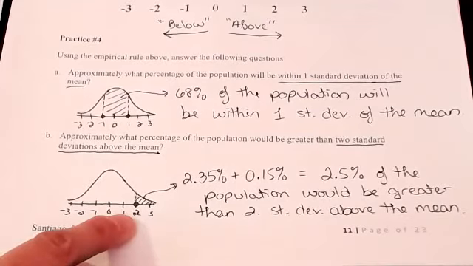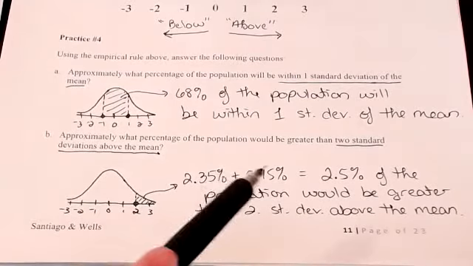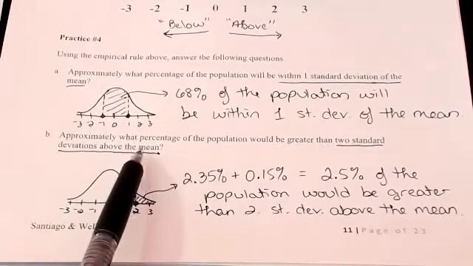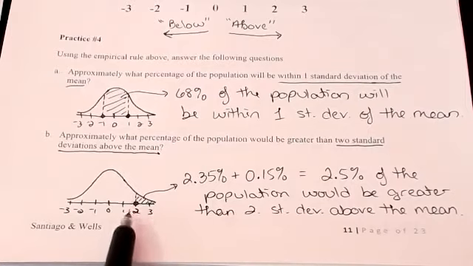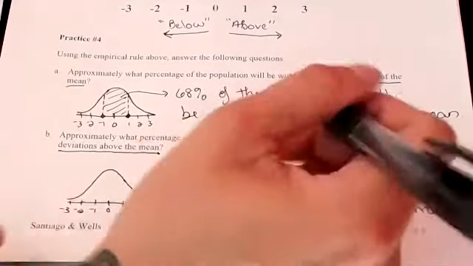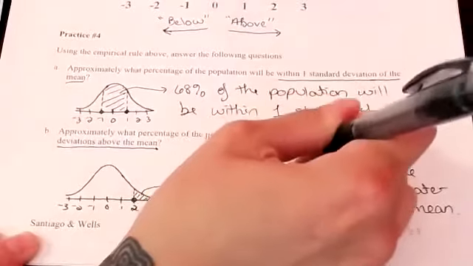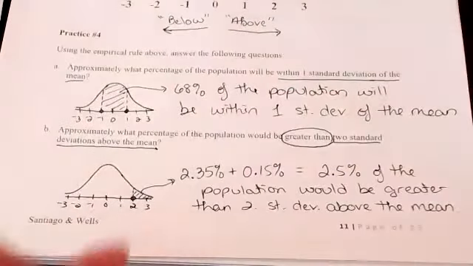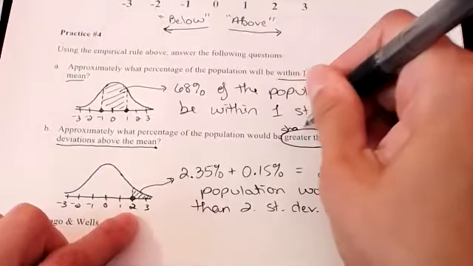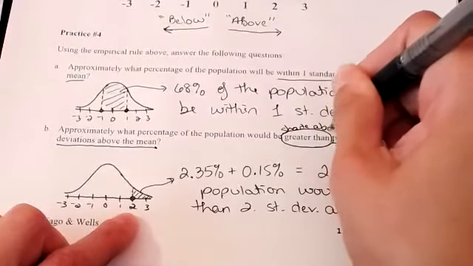Great question. So first we have to note the location, right? As soon as we say 2 standard deviations above the mean, that's why we plot the +2, because that's exactly the location that we're referencing. Then notice it says approximately what percentage of the population would be greater than that. So because we're referencing greater than 2 standard deviations above the mean, we shade above.